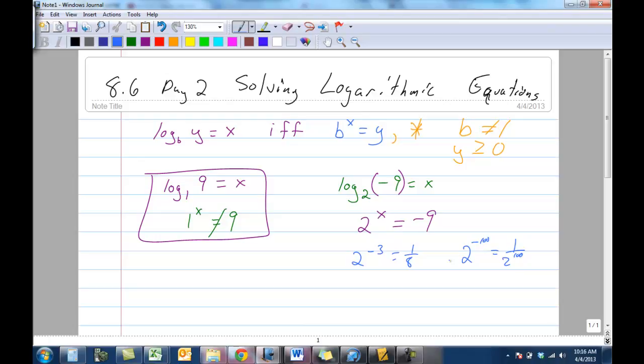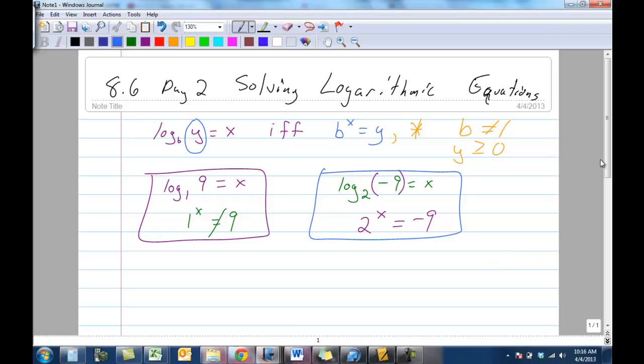So the moral of the story is that an exponent will never make 2 be a negative number. We would have to multiply it by a negative number. So that's why y's got to be greater than or equal to 0, or y cannot be negative. It's saying that this is never going to be negative.